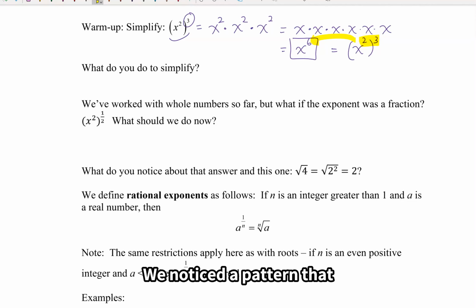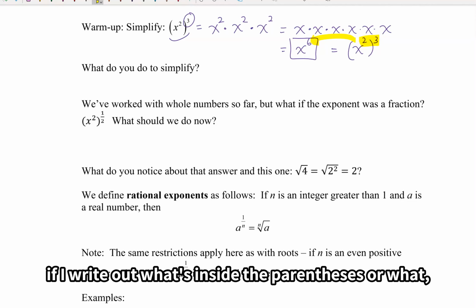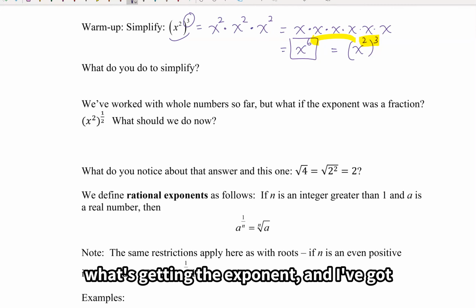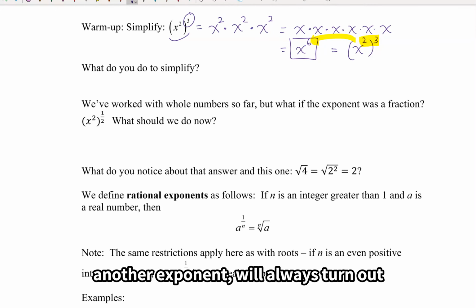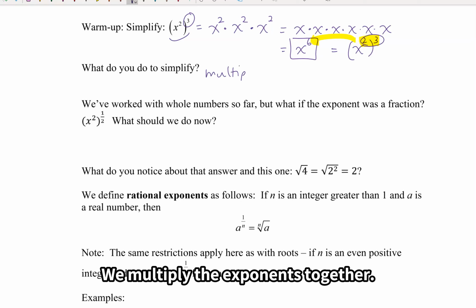We notice a pattern: if I write out what's inside the parentheses, what's getting the exponent, and I've got another exponent, it will always turn out to be a multiplication. But what did we do to simplify? Well, the quick way is to multiply. We multiplied the exponents together.